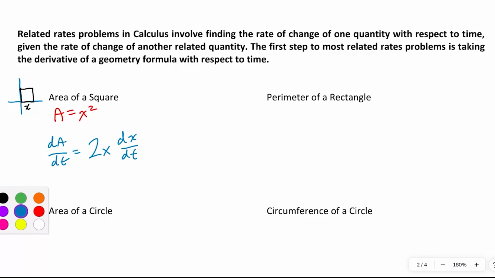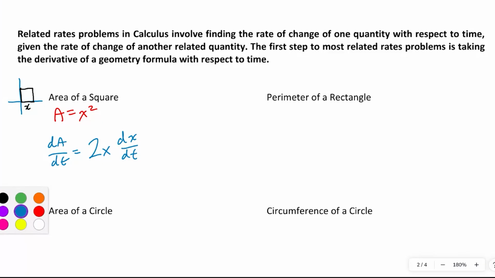So, for example, let's say you had some square that's growing at a constant rate. Let's say that constant rate was 1 meter per second. What this gives me is how fast the area is changing based on how fast the side length is changing.